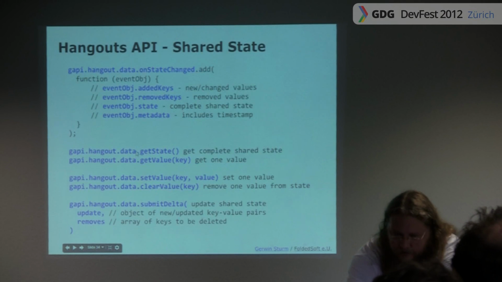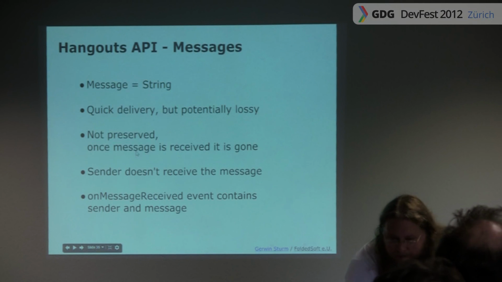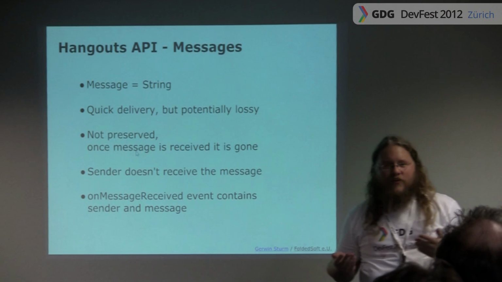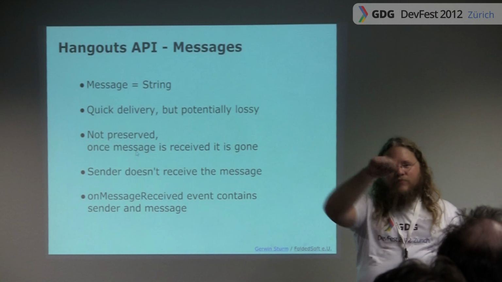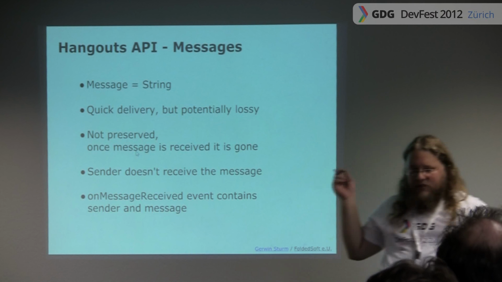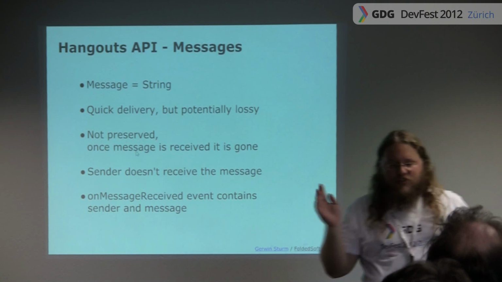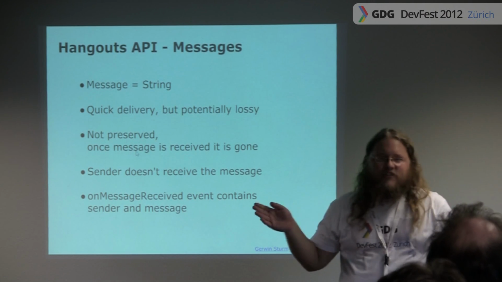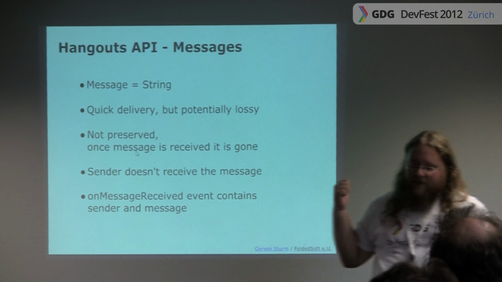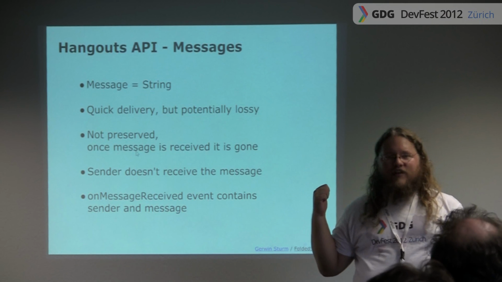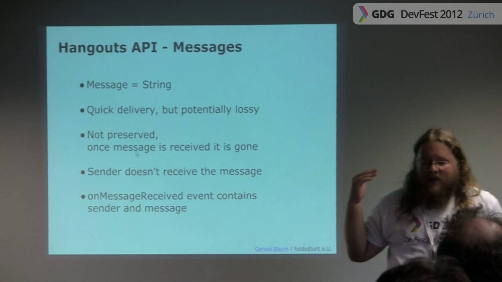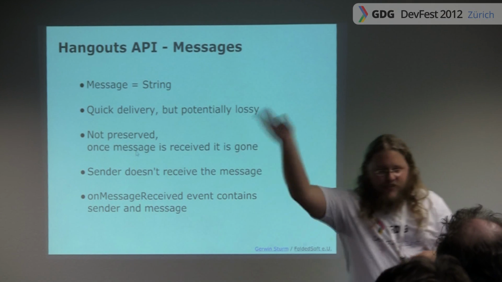If you really need lots of updates because you want some kind of real-time updating of the application, because you want to show if people move the mouse, you want to see others move the mouse, you can use messages. A message is simply a string, but you can take any JSON object and stringify it to send it out. And it's actually quite quick delivery, so especially if you're on a quick connection, you can get down to just a couple of milliseconds. And the thing is, if you send out a message, it's gone.